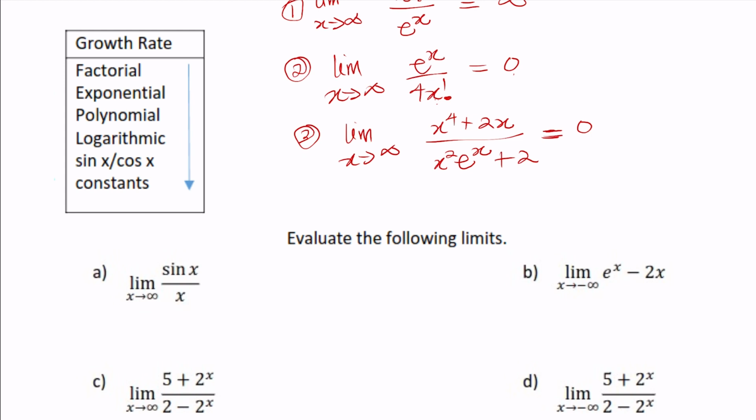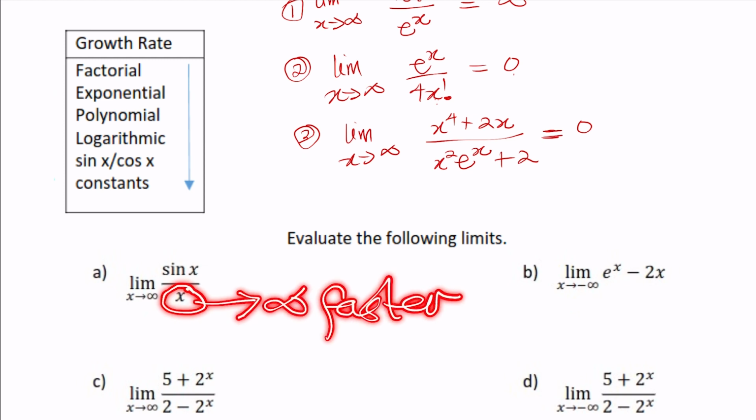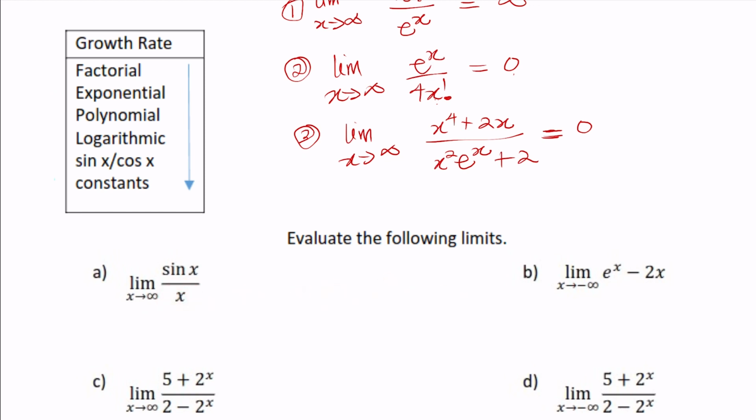And clearly, I know that my polynomials will get to infinity faster than the trigonometric function. Because my polynomial is in the denominator, it will be at infinity, whilst my trigonometric function is at a finite value. So that will be a number over infinity, which will give us 0. So without thinking too much, clearly I know that this will go to 0 using this order of growth.